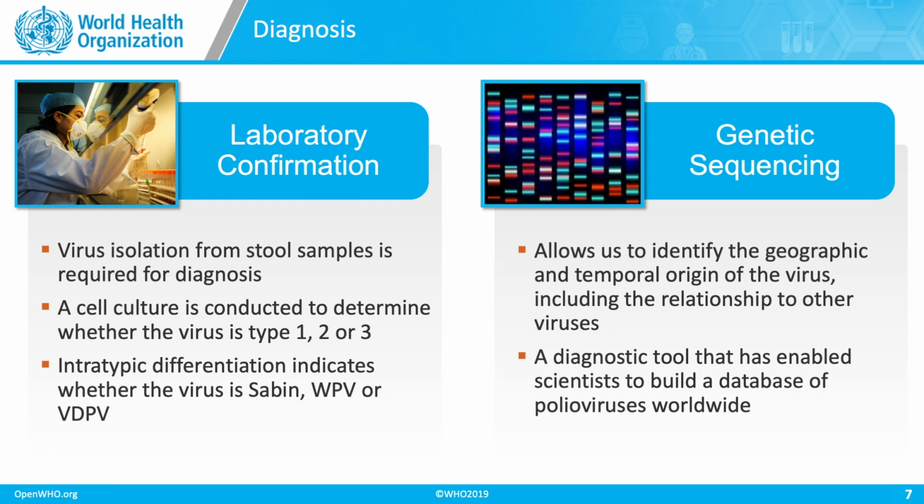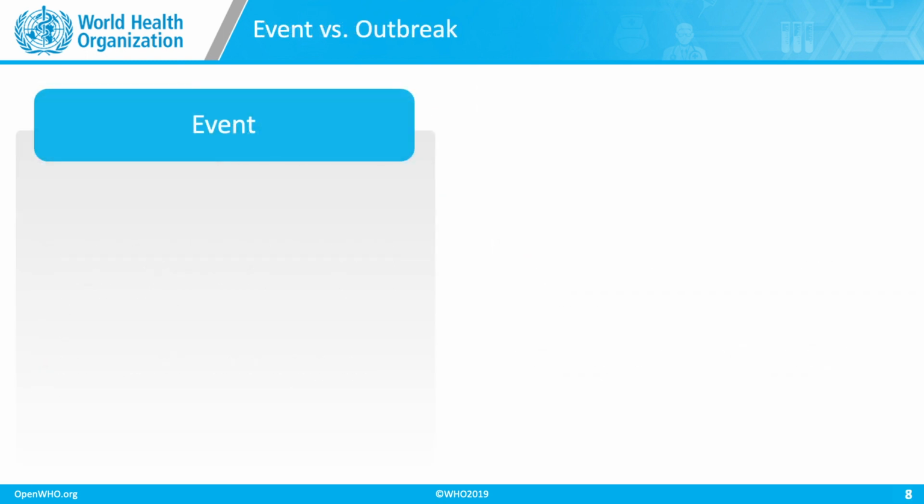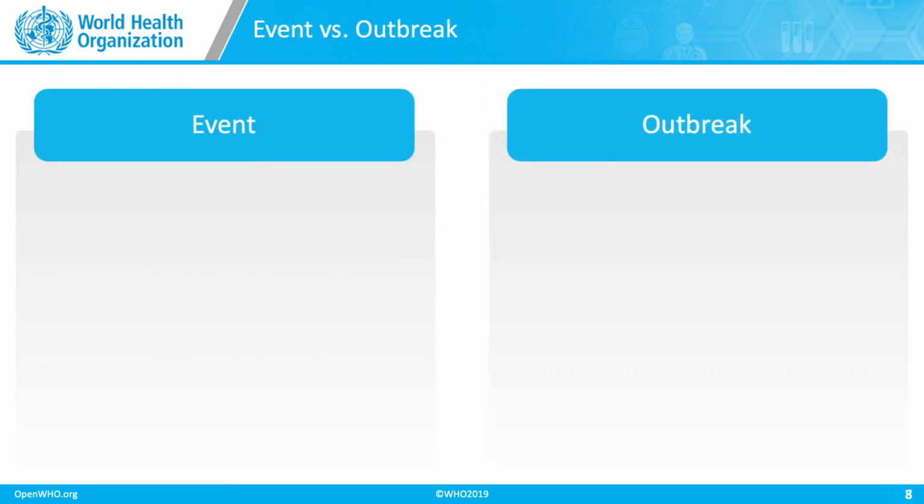This database has provided critical insight into virus location and transmission pathways, often consistent with population movement. This enables polio outbreak response teams to develop rapid approaches for responding to polio outbreaks and building immunity in susceptible populations.